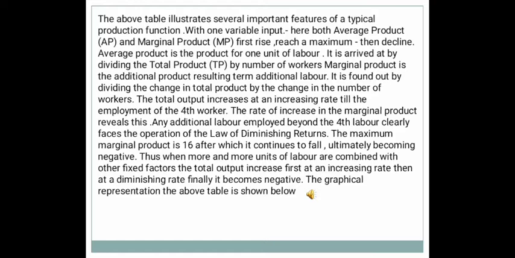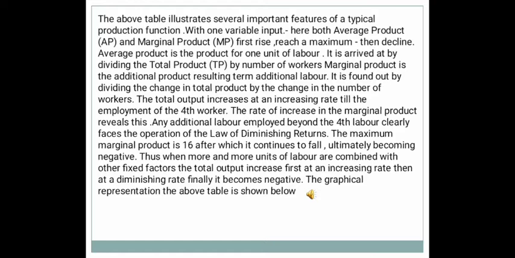The total output increases at an increasing rate till the employment of the fourth worker. The rate of increase in marginal product reveals this. Any additional labor employed beyond the fourth worker clearly faces the operation of the law of diminishing returns.